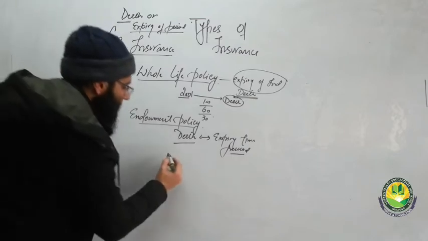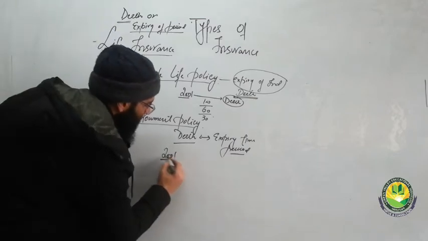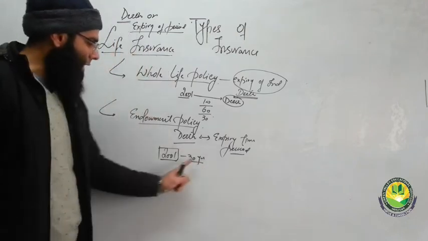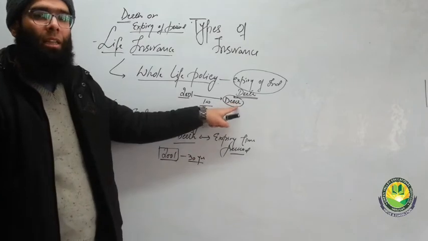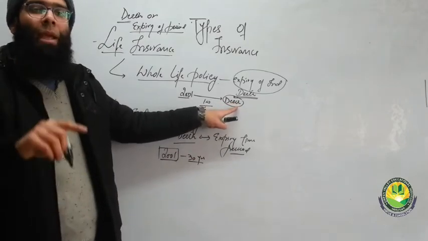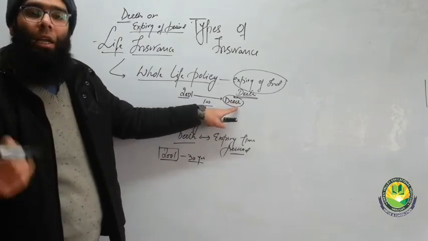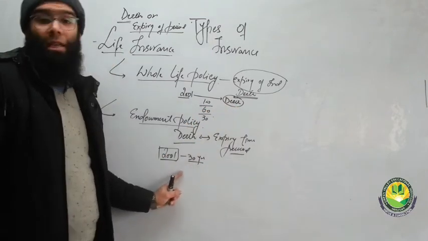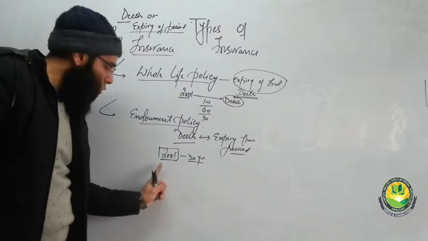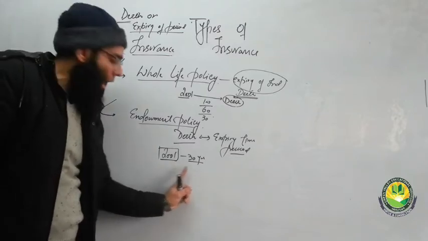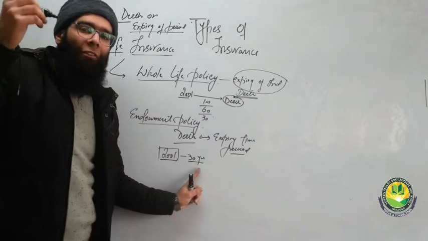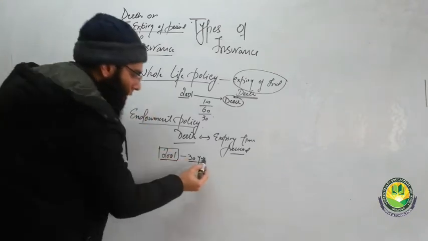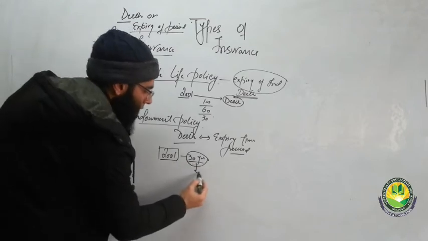Again, if a person has taken up the policy in 2001 for 30 years, now there's a time period. Here in the whole life policy there was no time period; only the death of the person made the company liable for paying the compensation. Whereas here the time period has been introduced. So he has taken up the policy in 2001 for 30 years, and on the completion of 30 years, he will be compensated.